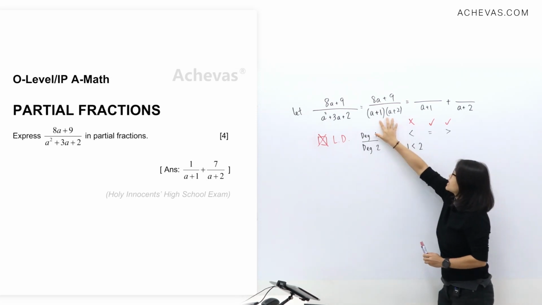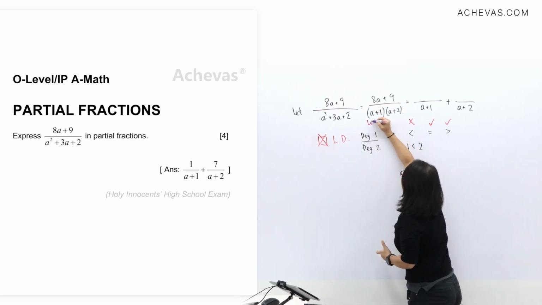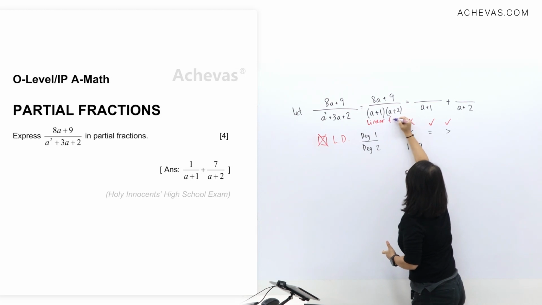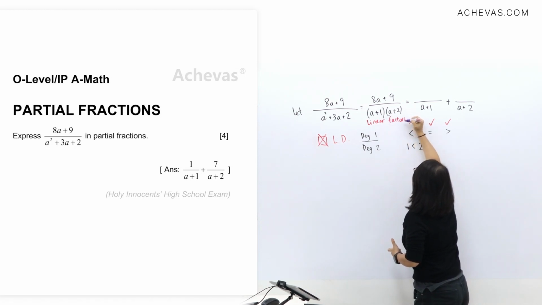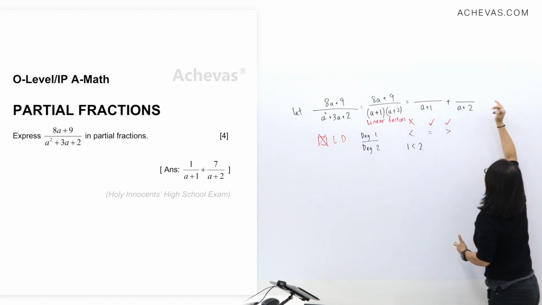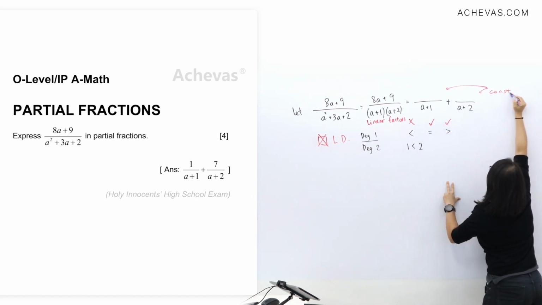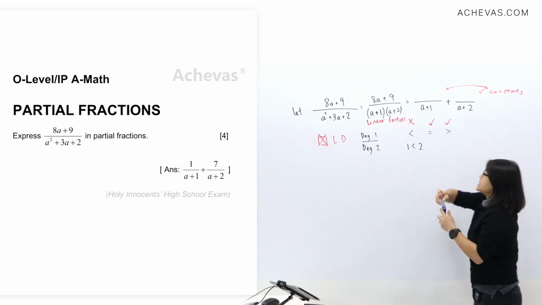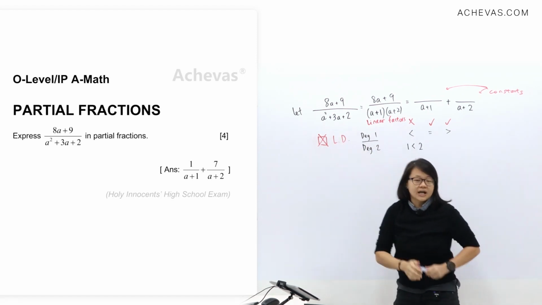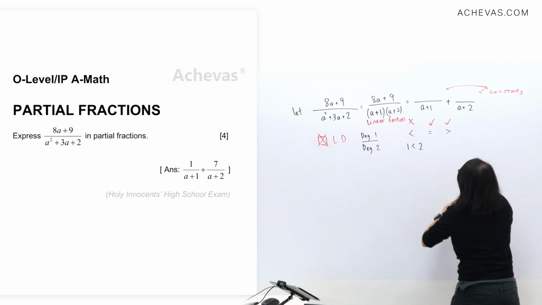Since these are linear factors, what you fill in the numerators are constants. Since I have a in the question, I'm going to just use b and c.